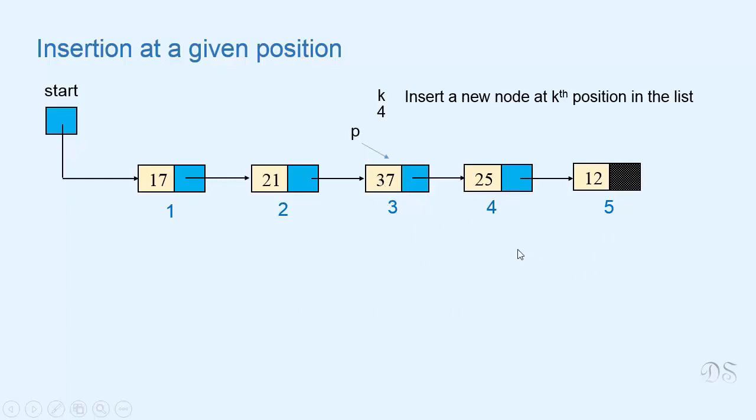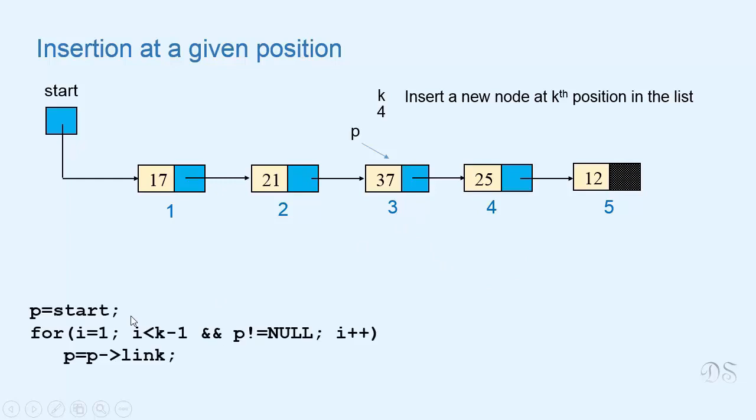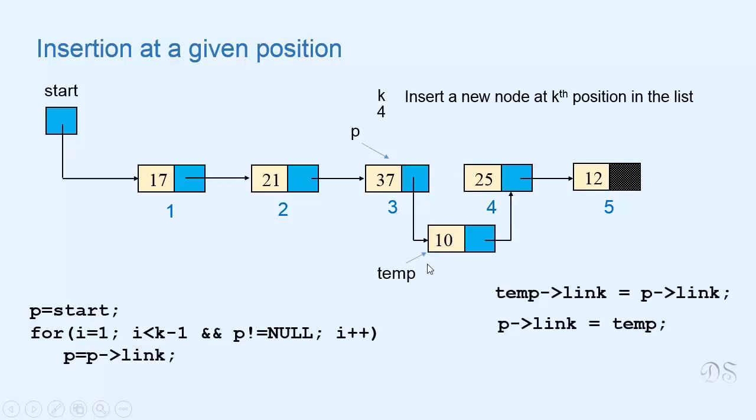So if we have to insert a new node at the kth position in the list, we require a pointer to the k minus 1th node of the list. We have already seen how we can get this pointer. So this code will give us a pointer to the k minus 1th node of the list. After finding this pointer, we allocate a new node and then insert it here by writing these two statements of insertion. So now this new node becomes the 4th node, this node becomes the 5th node, and this node becomes the 6th node. Now let's see the functions for all these insertions in our program.